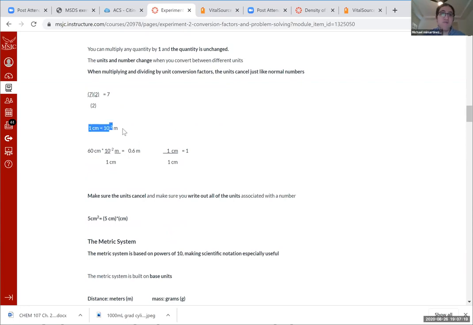For example, if we have a centimeter is equal to 10 to the negative second meter, we can write out this equality as a ratio where we have 10 to the negative second meter per centimeter. Again, make sure that your units cancel, and if units are on opposite sides of the dividing line, those units will cancel.